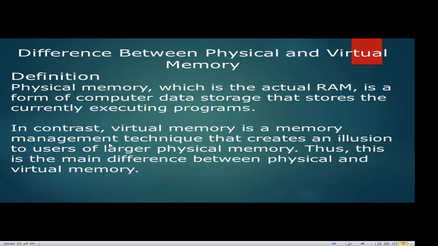So physical memory, that is our random access memory, is where all of our instructions will pass from our main memory before going to the central processing unit, or the CPU. In contrast, virtual memory is a memory management technique that creates an illusion to the user of a larger physical memory. Thus, this is the main difference between physical and virtual.